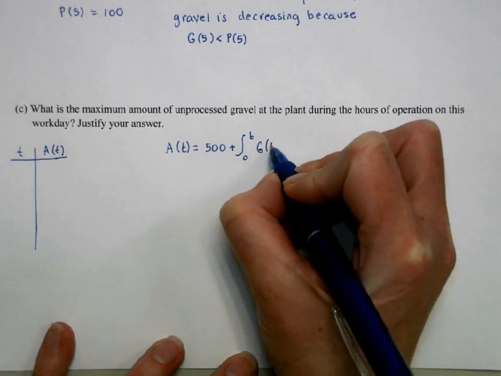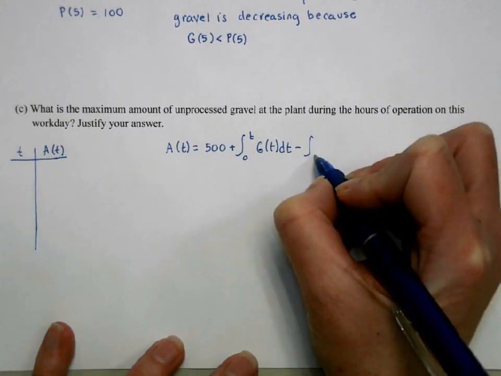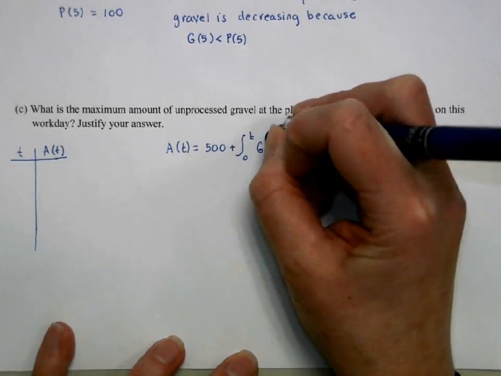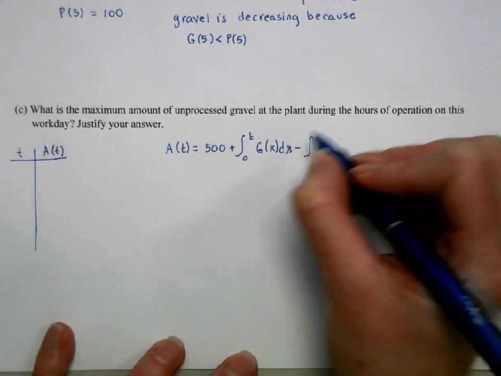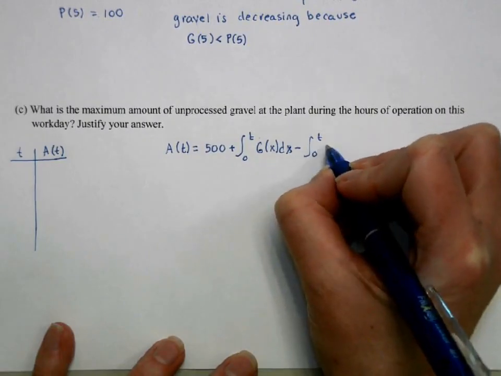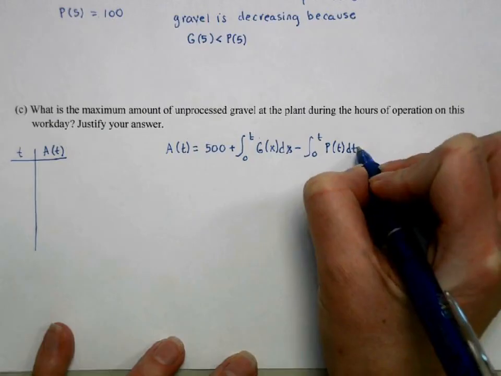And then we're going to subtract the amount that goes out. Make these X's. Okay, so that's my equation we're going to use.